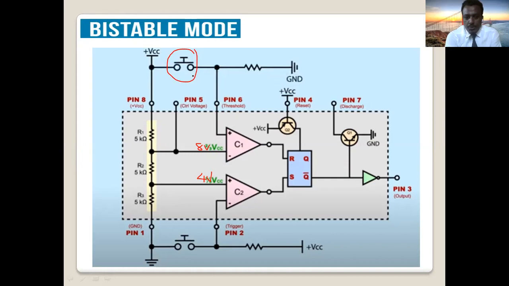When the switch is off, there is no connection to VCC, so the voltage here will be 0 volts. Similarly, this switch is off. For pin number 2, if this is on, pin number 2 will connect to ground. When this is off, pin number 2 goes to VCC, the battery. It depends on the switch. Okay, so look here now.